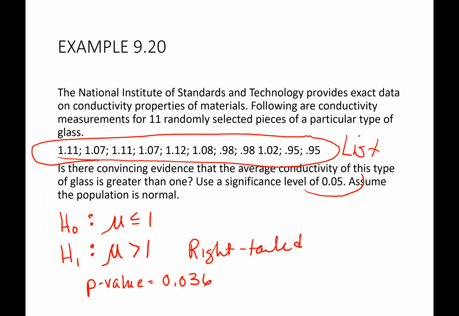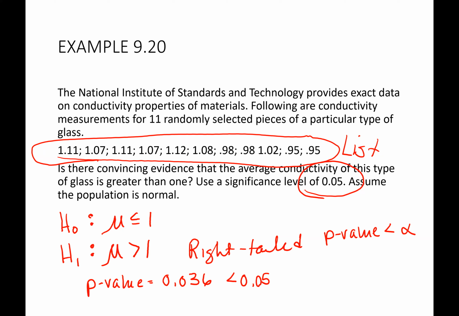And we're using a significance level of 0.05. 0.036 is smaller than 0.05. So my p-value is less than alpha. What's that mean?